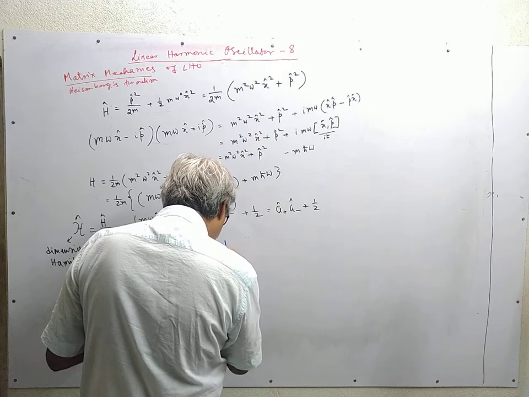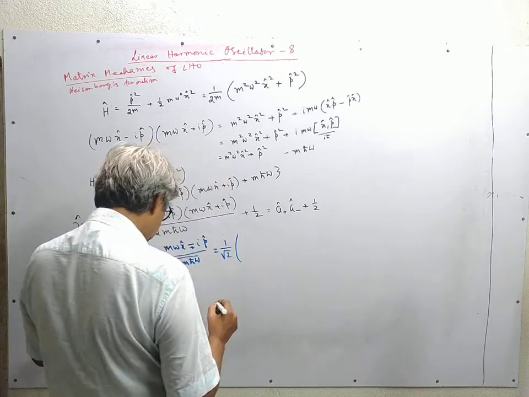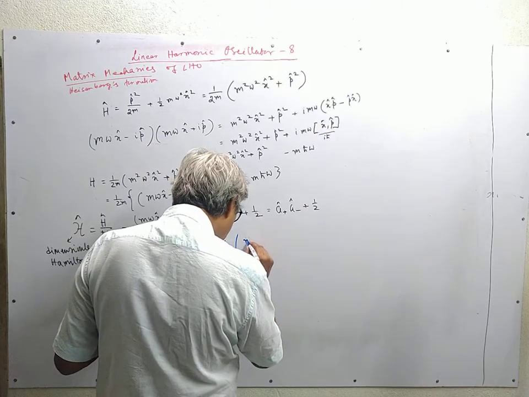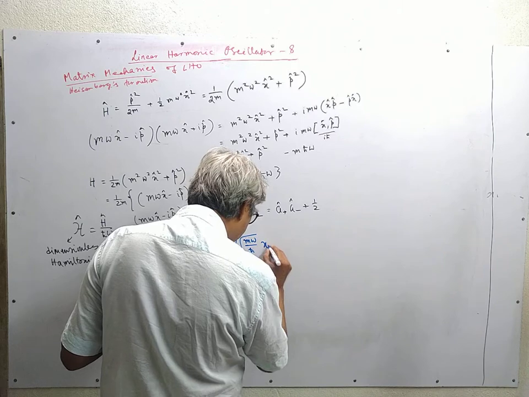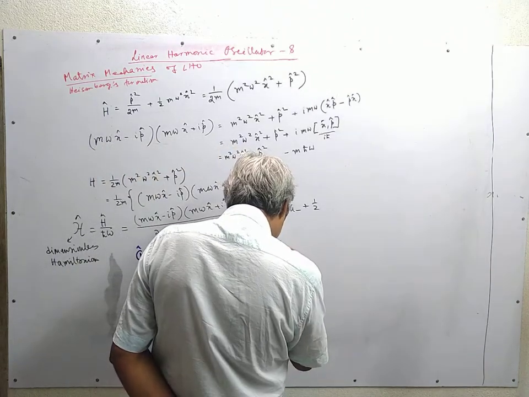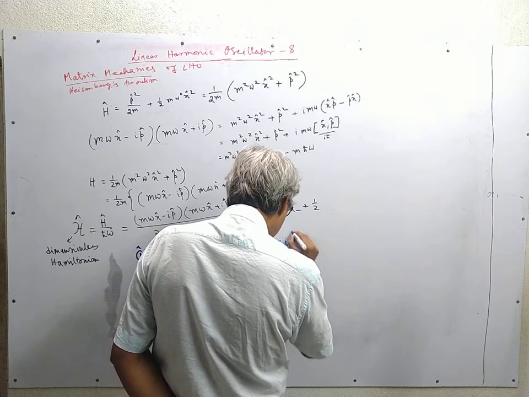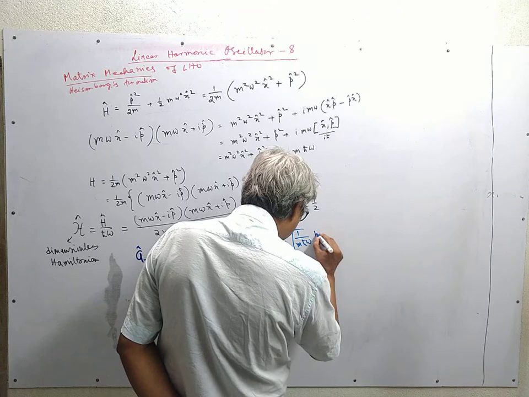One by root 2 is taken out, so this is the square root of m omega upon h cross times x cap, minus-plus i times 1 upon the square root of m h cross omega times p.